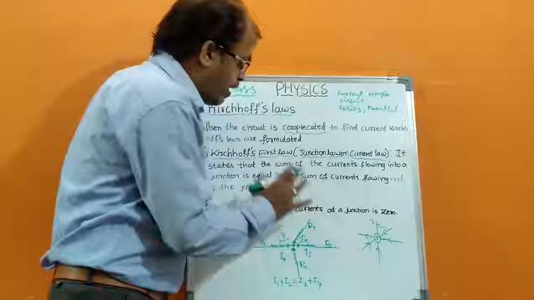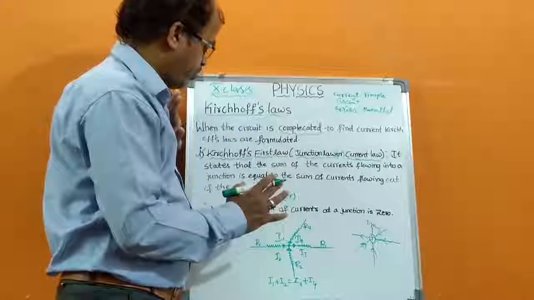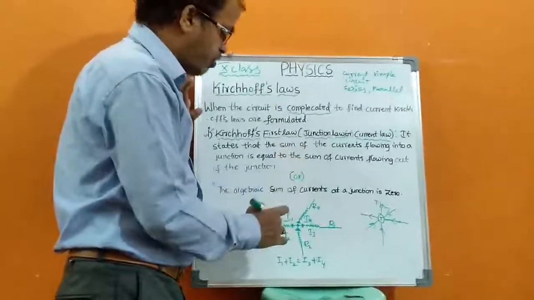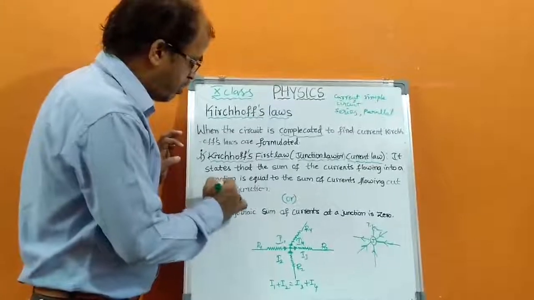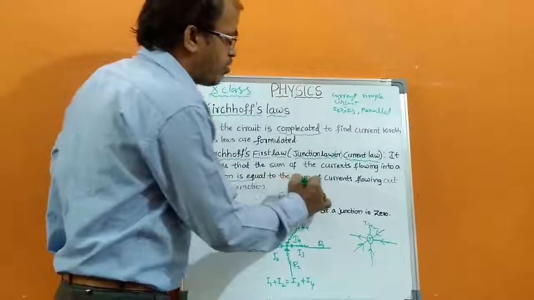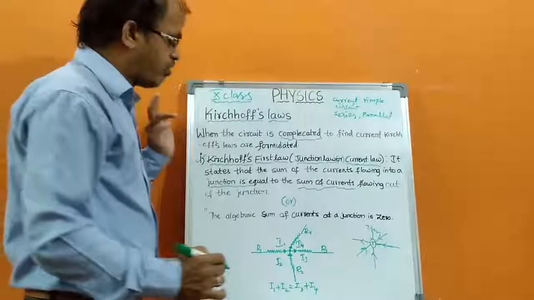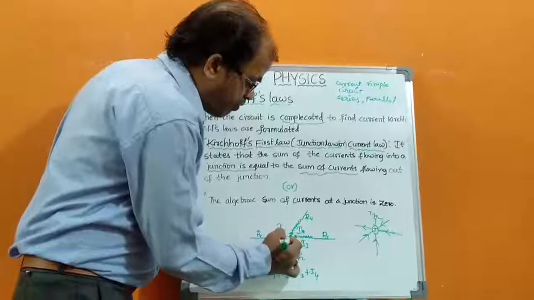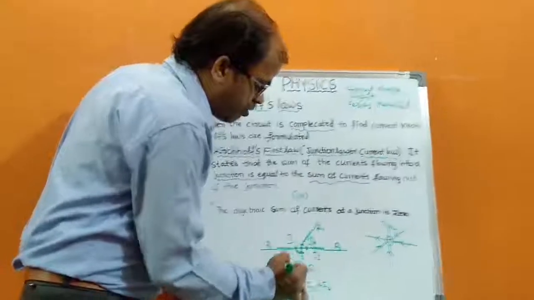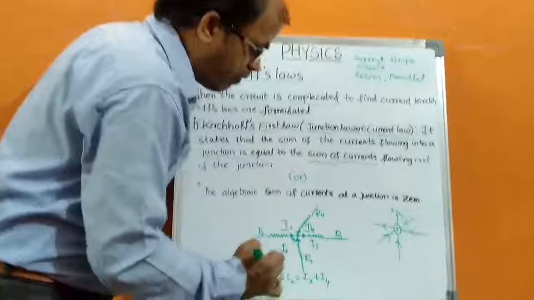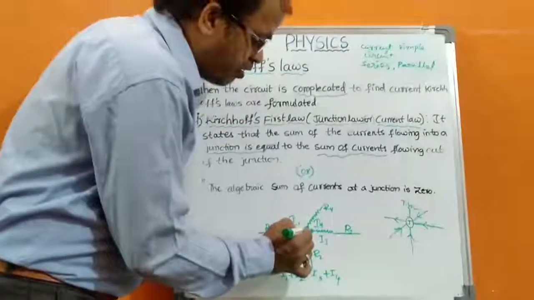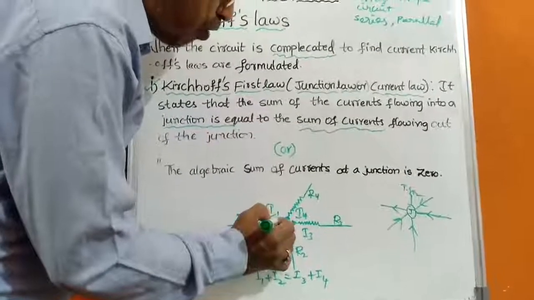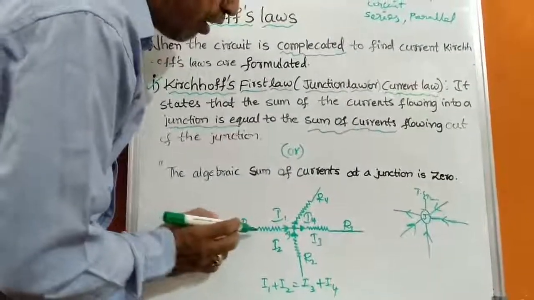In that way, in a complicated circuit, the sum of the currents flowing into a junction is equal to the sum of the currents flowing out of the junction. See, this is the junction. Let us take A. A is the junction, the central point. Some currents are flowing towards the junction.